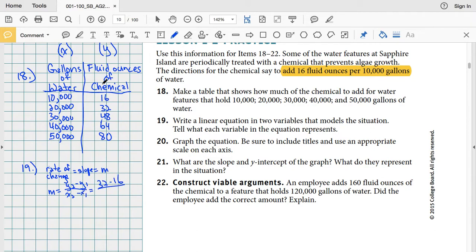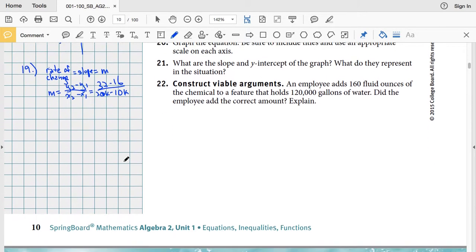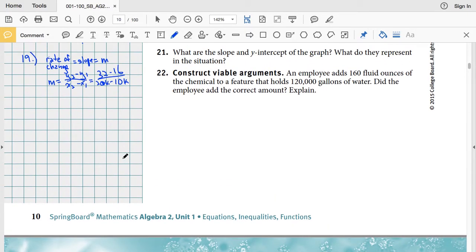And x2 would be 20,000. And I don't really have room here, so I'm going to put 20k, k representing 1,000, minus x1, which would be 10,000 or 10k. All right, so let's scroll down here. We don't really need that top section anymore.